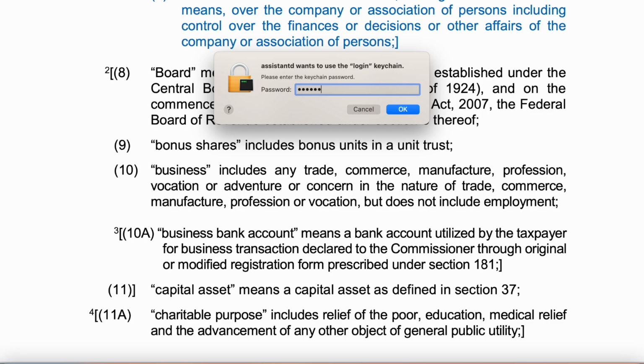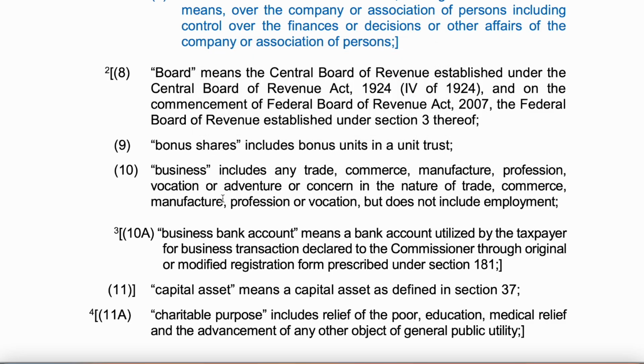Yes, that is also included in business, and that is identified by this part of the definition, which says that business includes adventure or concern in the nature of trade, commerce, manufacture, profession, or vocation, but does not include employment.